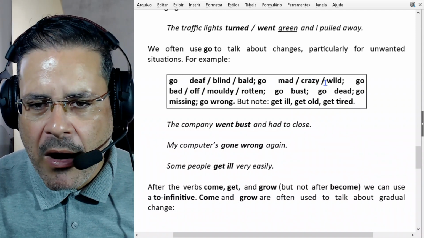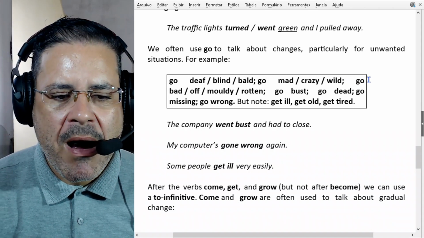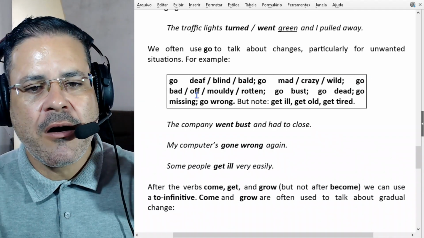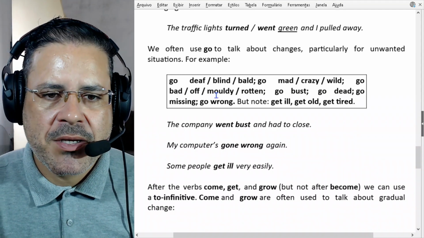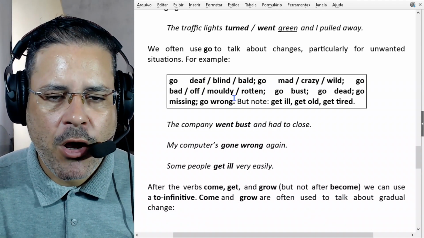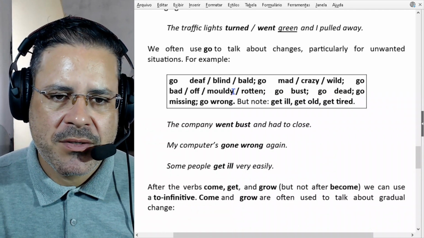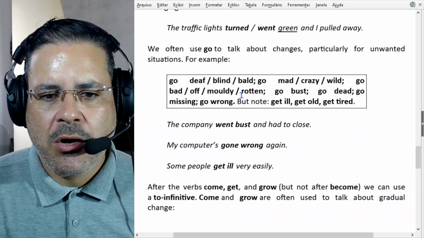You might go wild. Or for example, something might go bad. You might go off. Some fruit might go moldy. If something goes moldy, it gets mold. Or for example, an apple might go rotten.